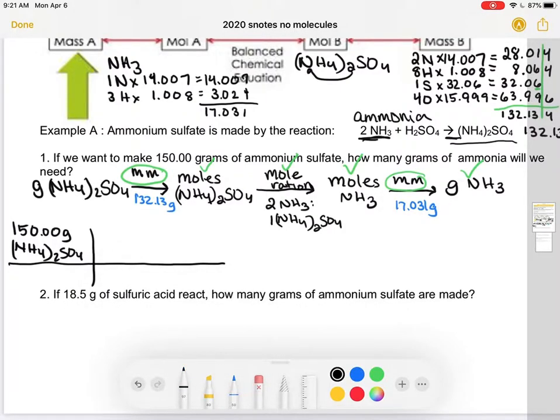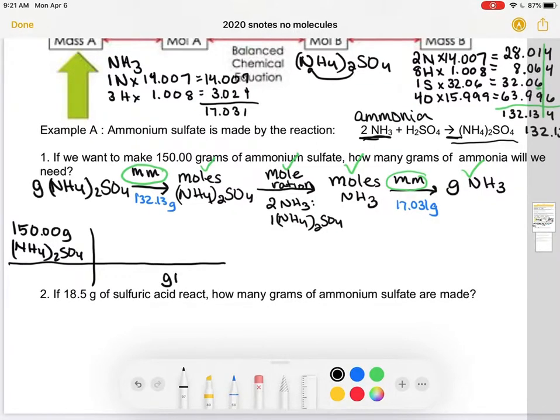Okay, so we have to get rid of grams and get moles. So grams is going to go down here, NH4 to SO4. And moles, 1 mole of NH4 to SO4 goes up here. Okay, and that molar mass is 132.13 grams.